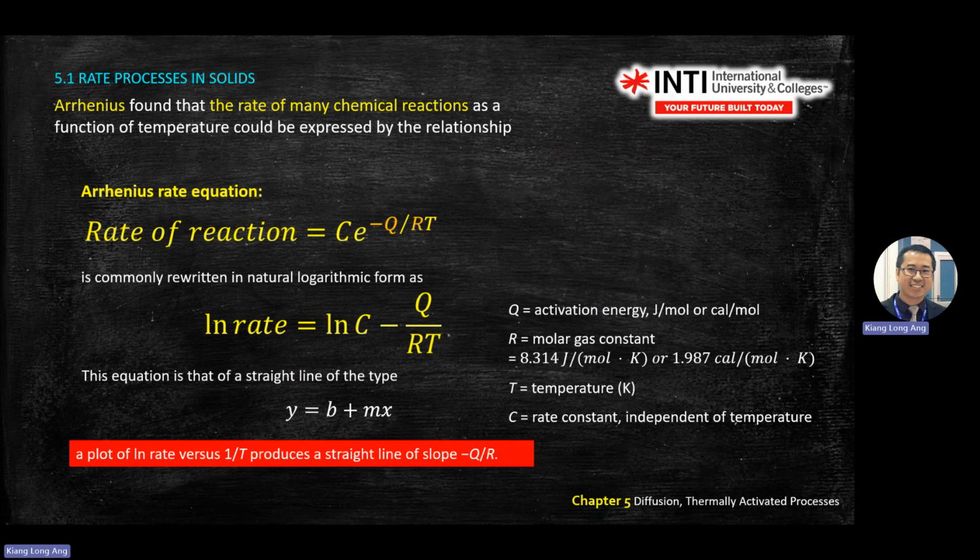So your m is minus Q over R. So again, you plot the log rate versus 1 over T. What should the line look like? Go up? Why go up? Since m is minus Q over R, the slope is a negative value, so the line should go down.